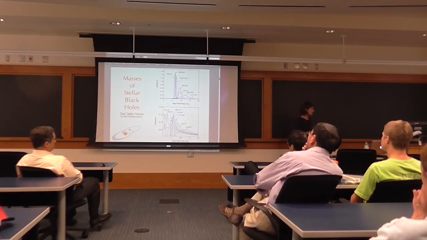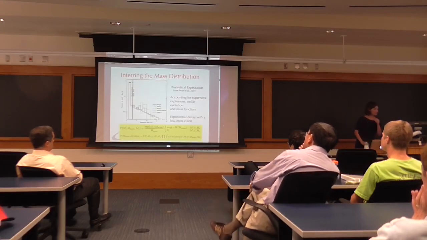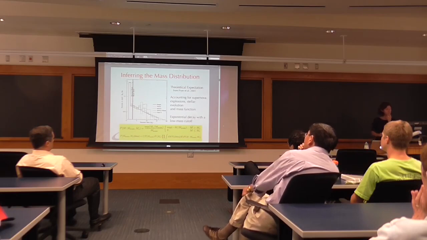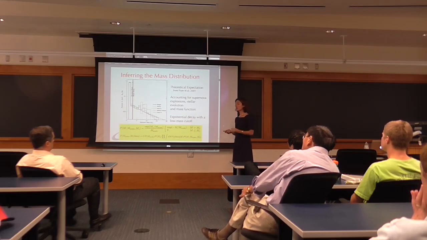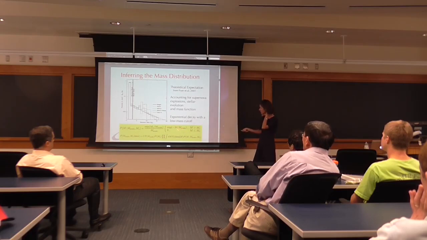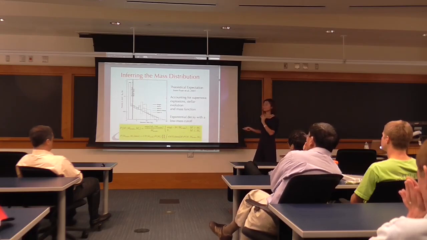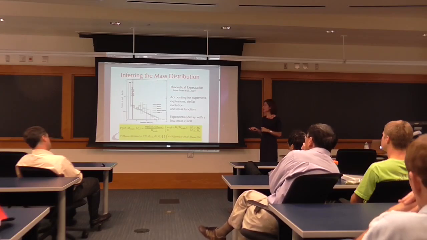So to do that, we use the Bayesian analysis technique, and we modeled the underlying distribution as an exponential with a low mass cutoff and asked, what are the most likely parameters of the distribution of the exponential cutoff and the exponential scale that would be consistent with the data that we have?